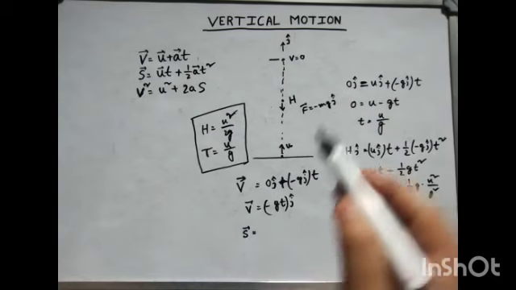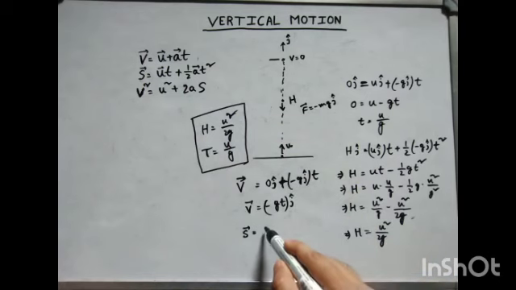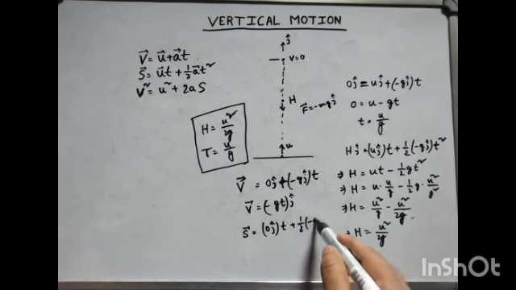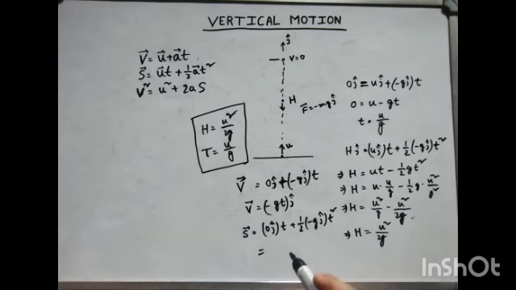The initial velocity is 0, so this u vector will be 0 j cap t plus half minus g j cap t square, so it will be minus half g t square j cap.